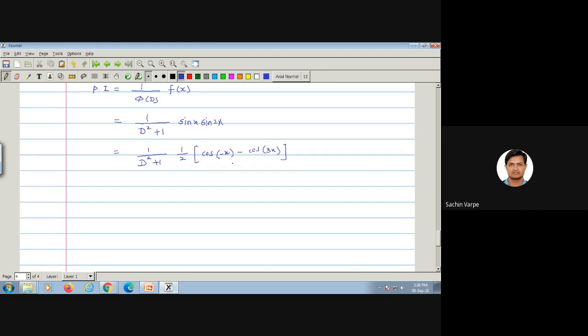Clear? But cos of minus theta is cos theta only. So the minus sign will get merged here. So 1 upon D square plus 1 cos of x minus 1 upon D square plus 1 cos of 3x.